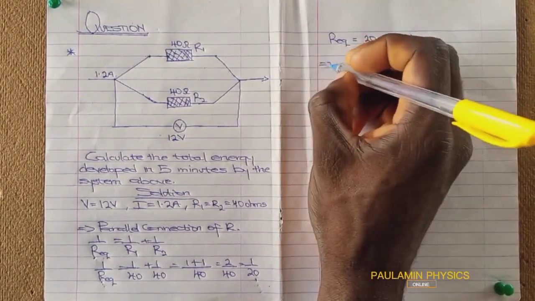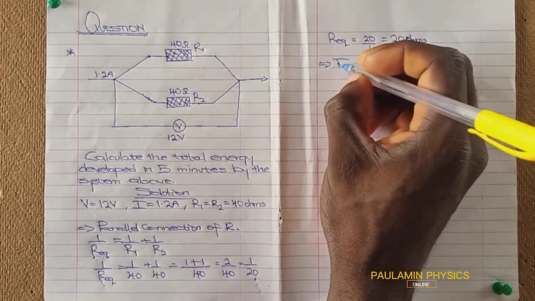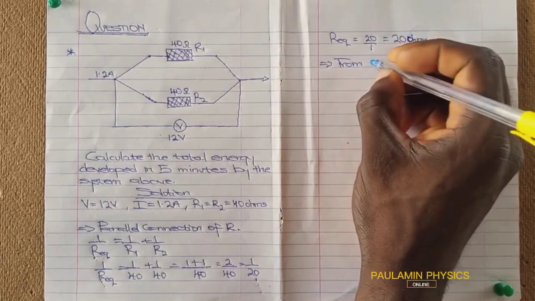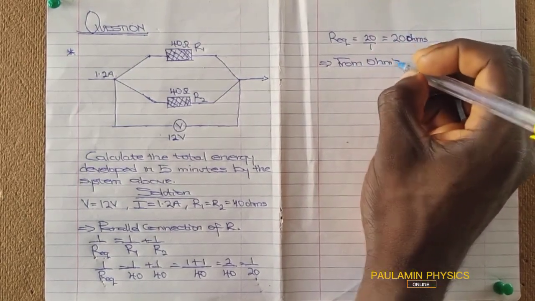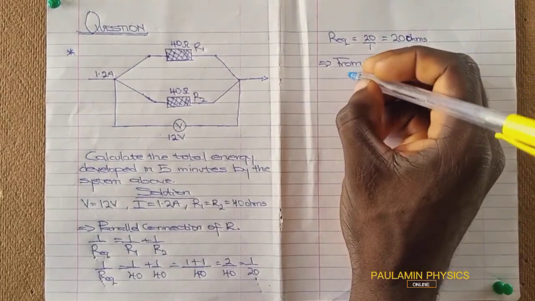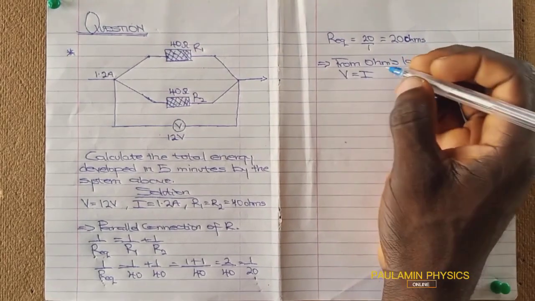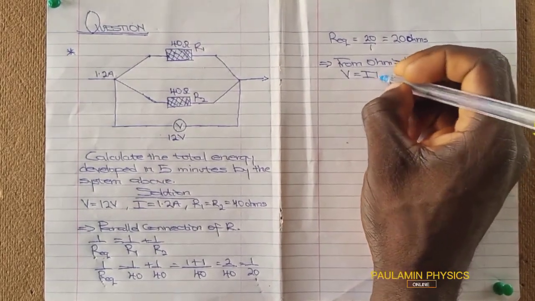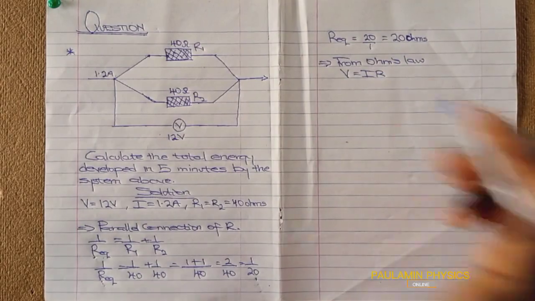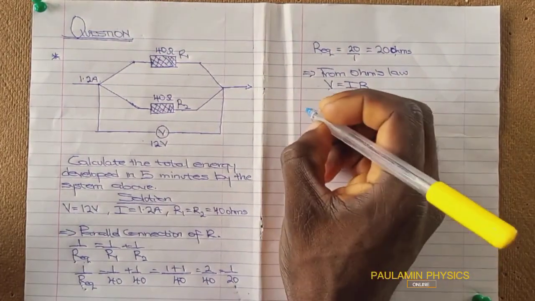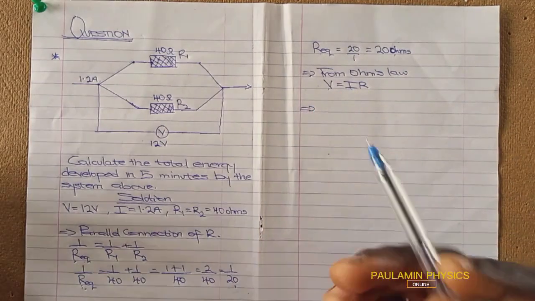Now here's where we will apply Ohm's law. From Ohm's law, we know already that the potential difference is equal to the current that flows through a circuit or through a metallic conductor times the electrical resistance. But then there's another piece of information as we go into the question proper.